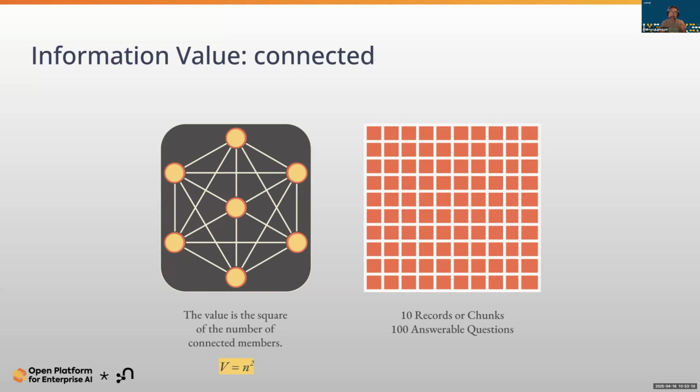And now the value ends up being squared. If you've got 10 chunks and you've got them all connected, in loose scale here, if you have a fully connected graph, the upper bounds of all the extra information that's possible ends up being the square of the values you started with. So if you had 10 chunks, you now have 100 things you can ask about those chunks just by thinking about how all those things are related.